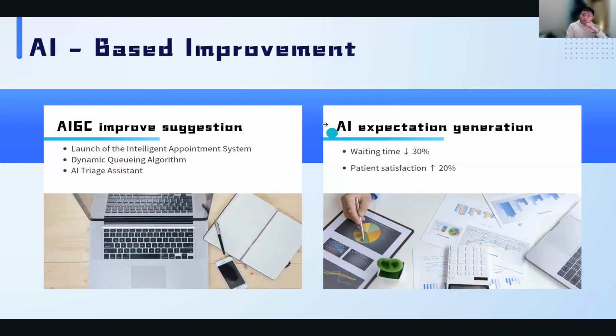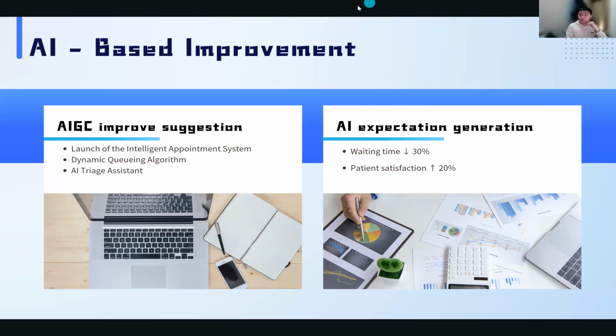And we use AI after that to do some expectation generation after our implementation of these suggestions. And it said if we implement these suggestions, we could decrease waiting time by 30% as well as increase patient satisfaction by 20%.